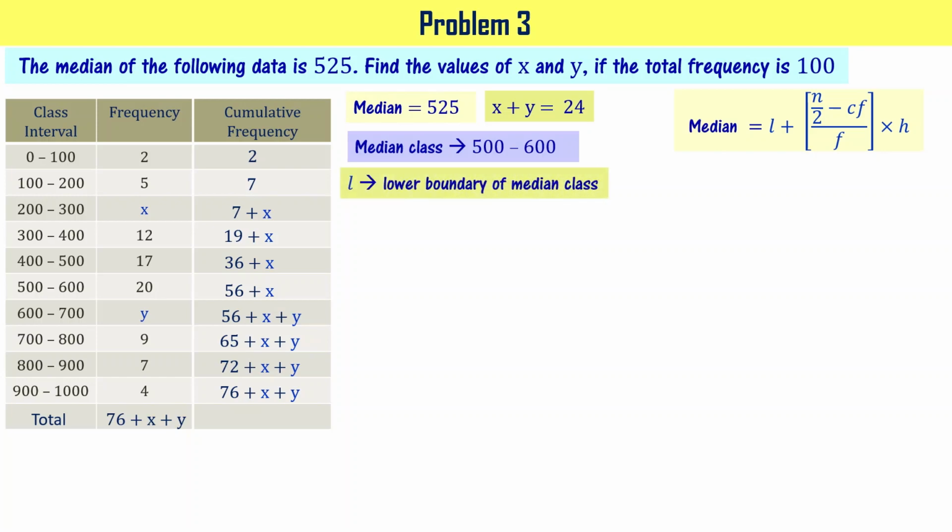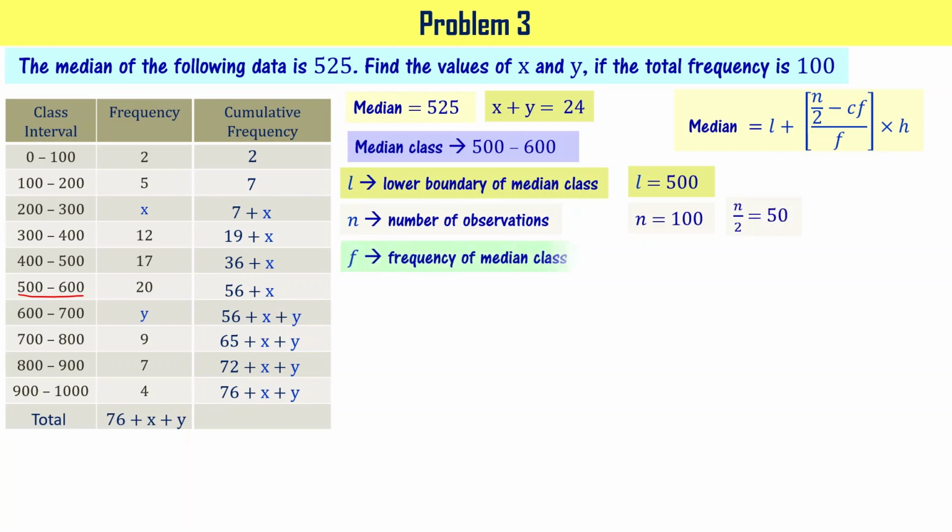L is the lower boundary of the median class. We said the median class is the 500 to 600 class, right? Its lower boundary is 500, that is L equal to 500. n is the number of observations, that is equal to 100, right? It means n by 2 equal to 50. f is the frequency of the median class, that is equal to 20, right?